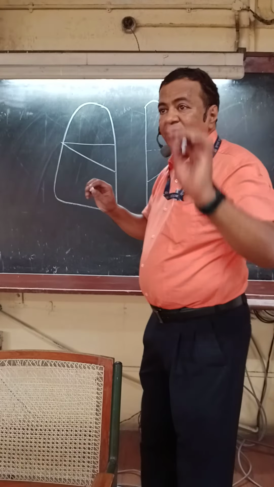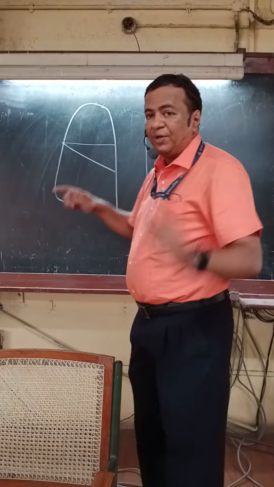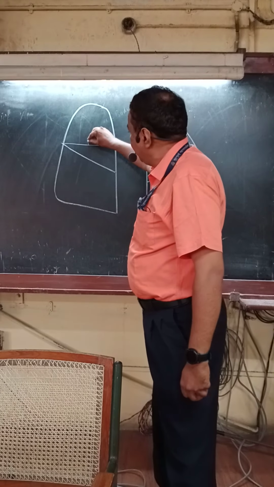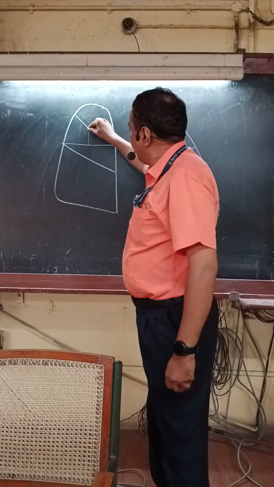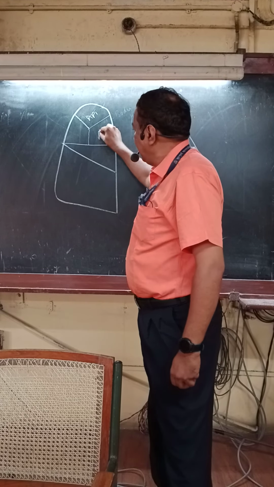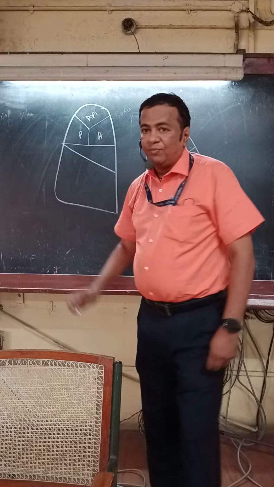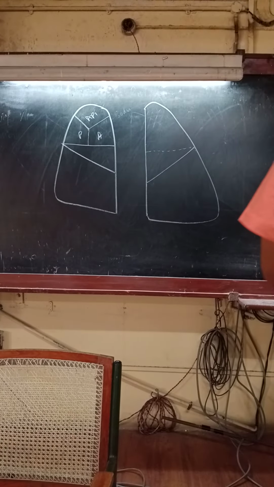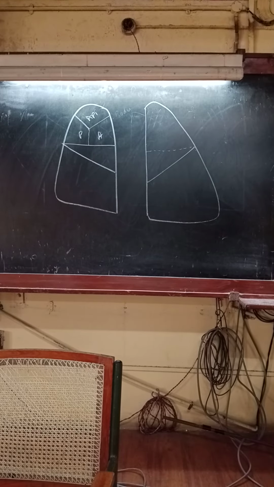Now let us see the upper lobe. In the upper lobe there are 3 bronchopulmonary segments: apical, anterior and posterior.